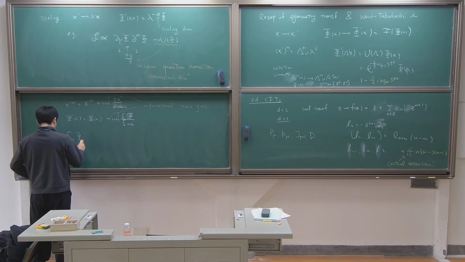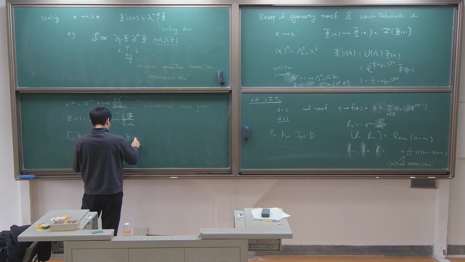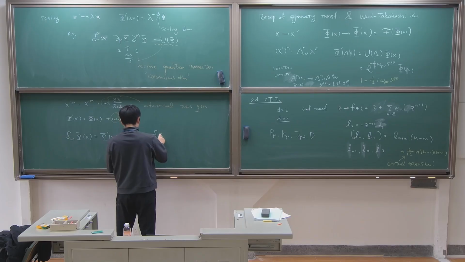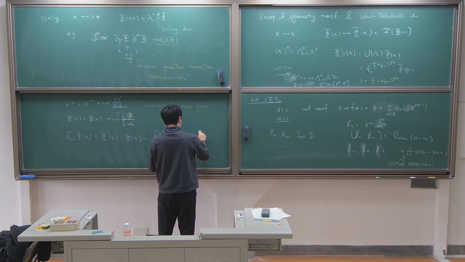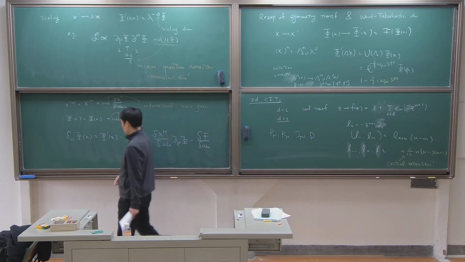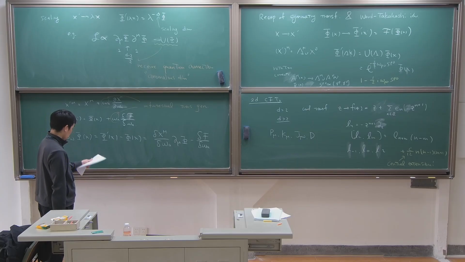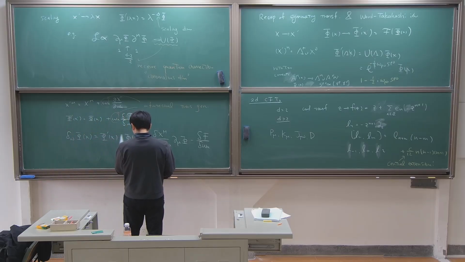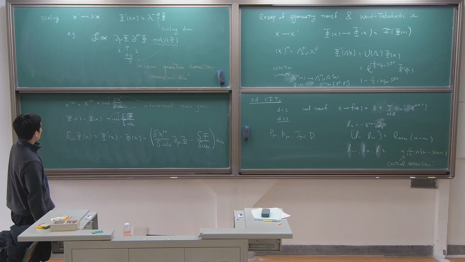And delta omega phi of x is equal to phi prime of x minus phi of x, and this is given by delta x, meaning delta omega a partial mu phi, and then minus delta F, times omega a, and maybe some signs are missing.